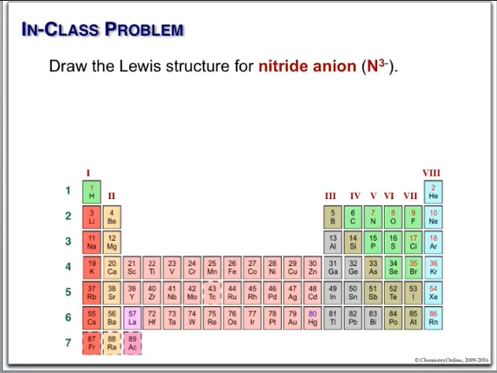Nitride. Nitrogen is here in group 5. Symbol is N. And then we put 5 electrons around it.